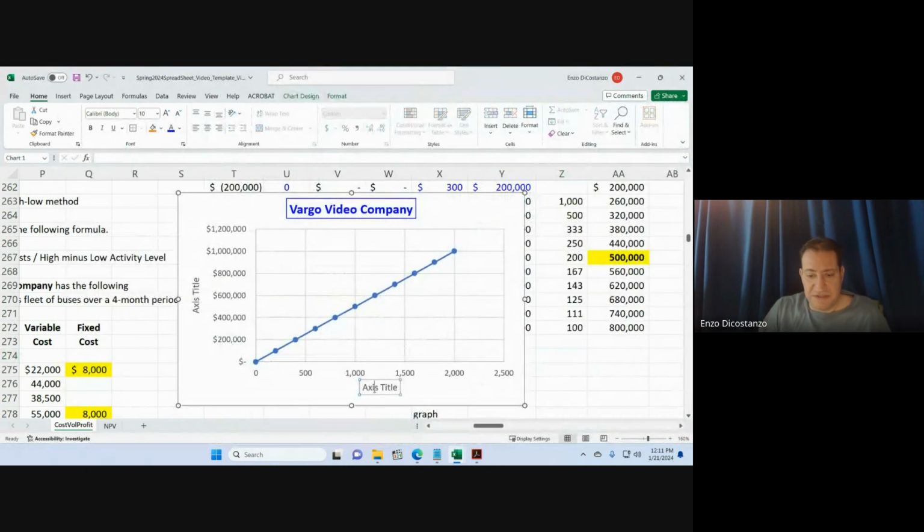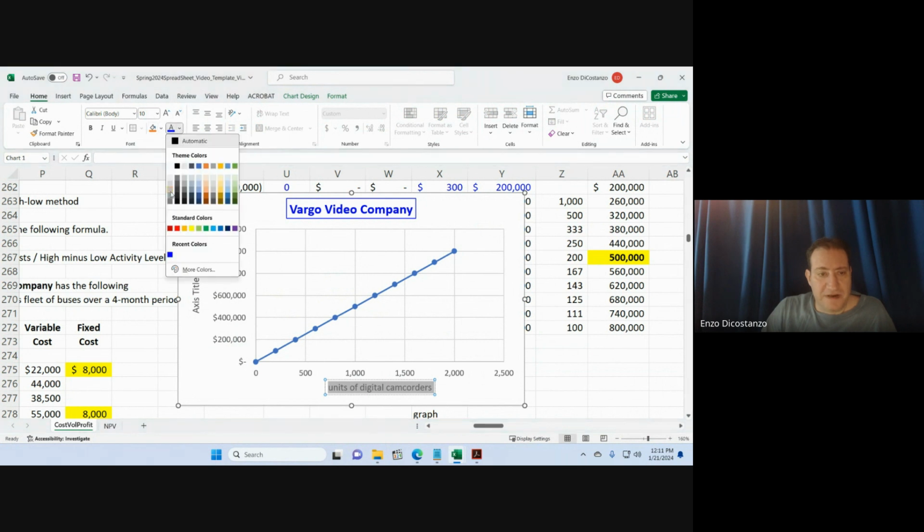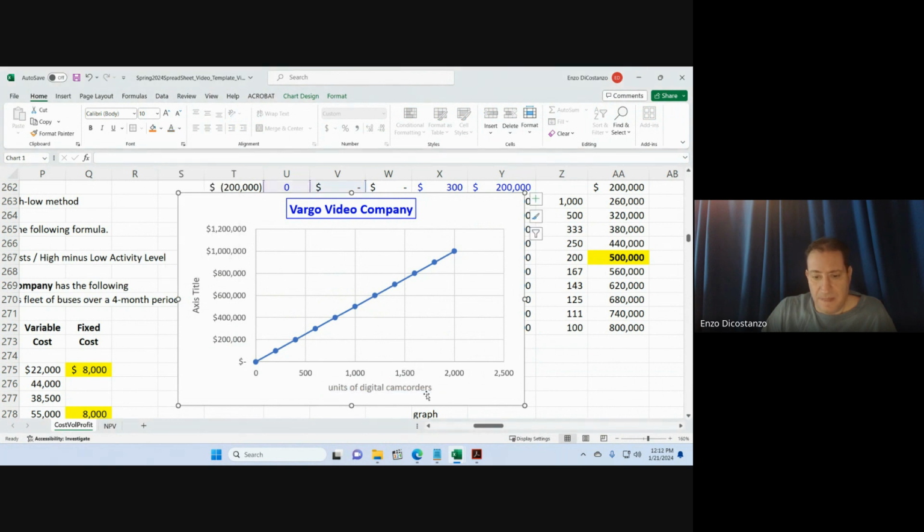This bottom one, this is units of, and you can pick a nice font, I don't know, a nice gray or something like that. You always want these to be a little less out there.